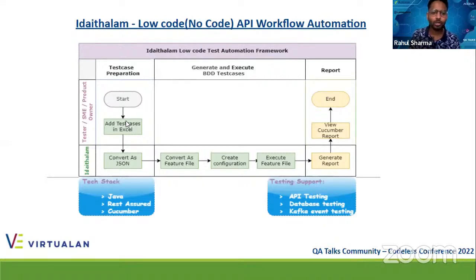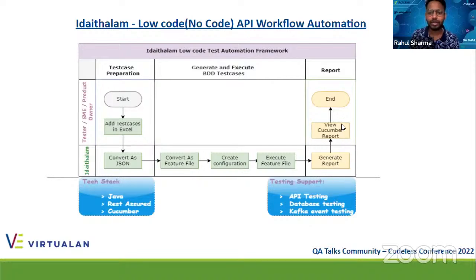What they have to do, because everyone is familiar with Microsoft Excel, is create the test case in Excel, and after that the Excel needs to be fed into the framework, and the tool can take care of everything. It will read the Excel, convert that into JSON, create the feature file, then execute the feature file and generate a report.